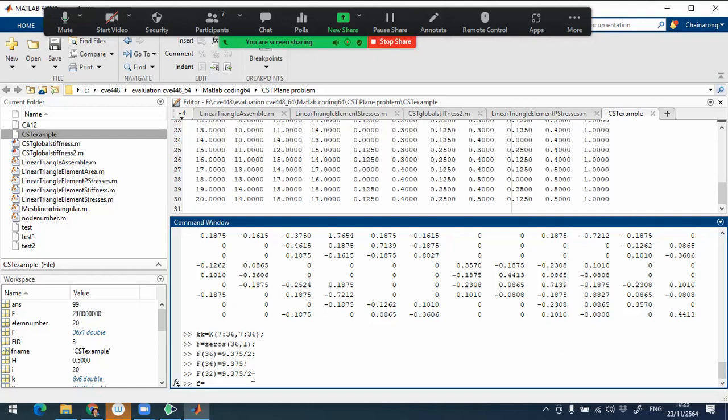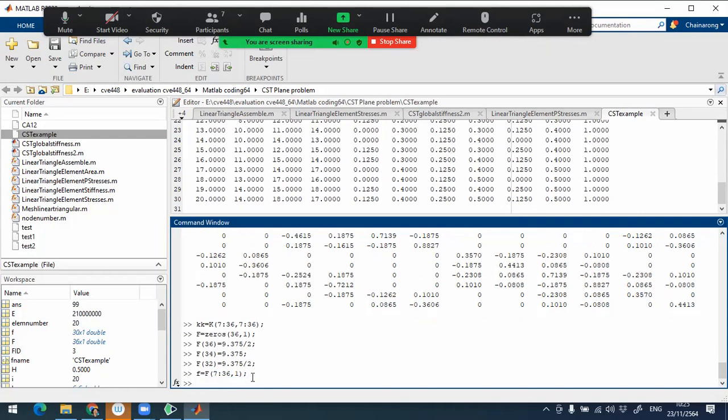In order to solve, we have to apply the boundary condition to the force also. It should be F, only rows 7 to 36, sorry. And then we determine the displacement.